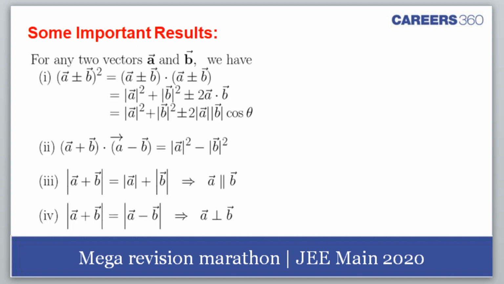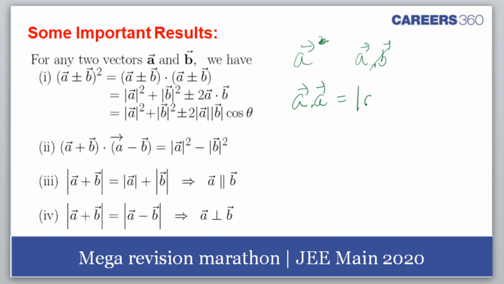Some important results, yeah, this is important. A plus minus B whole square. Students, the first point here is very important, that whenever we have any vector square, A vector square, A vector square means A dot A. What is A dot A?